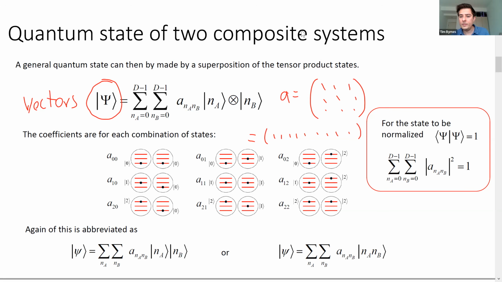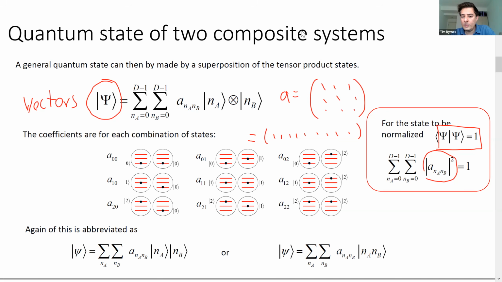Okay. Now, as with any state, this state is always normalized. The modulus squared of these coefficients that we just talked about, the sum of all of them has to add to 1. This is the same rule that we've already encountered. The only difference is that now we've got these double sums.